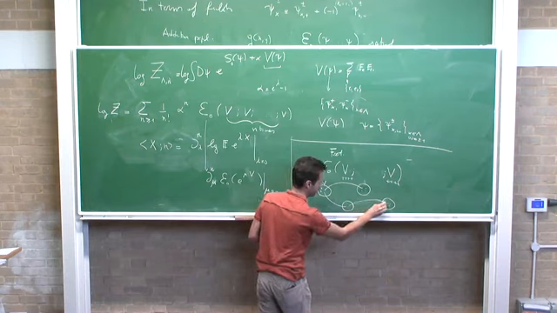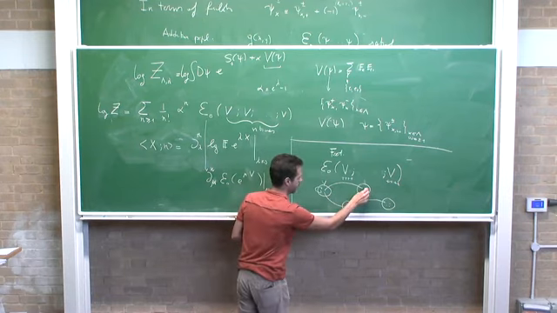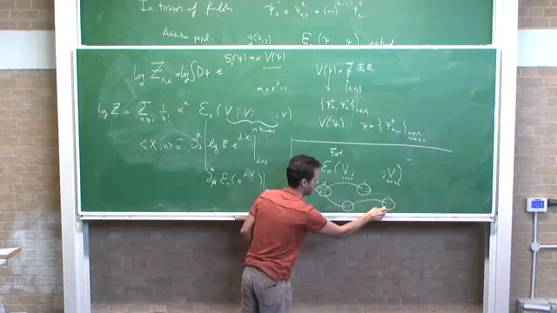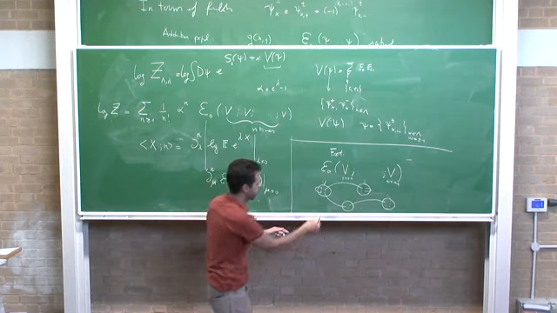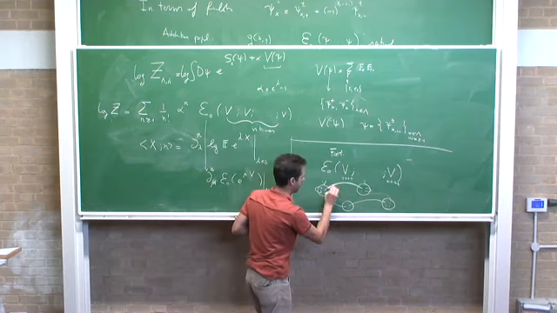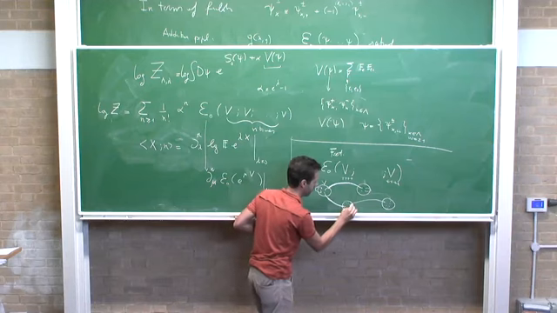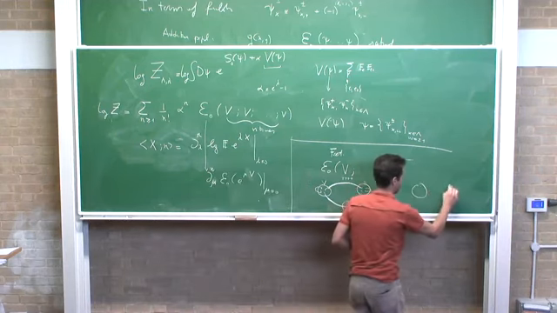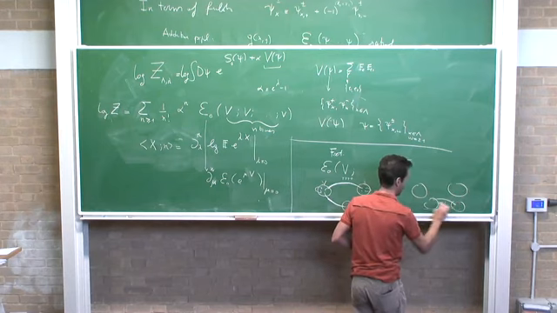So for instance, this one is allowed, and then all the others you can connect however you want. But it's important that there exist at least these lines that connect the 4 blobs. So for instance, this one would not be allowed.